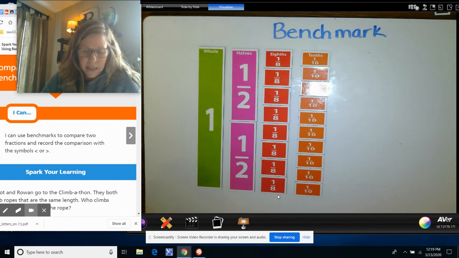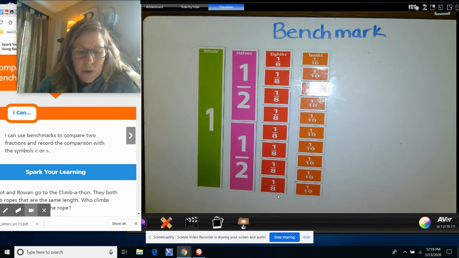And we're trying to find the quantities in this problem. So let's find out what we know. It says Abbott and Rowan go to the climathon. They both climb ropes that are the same length. Who climbs higher than halfway up the rope? So we know that Abbott climbs 5/8 up his rope and Rowan climbs 4/10.